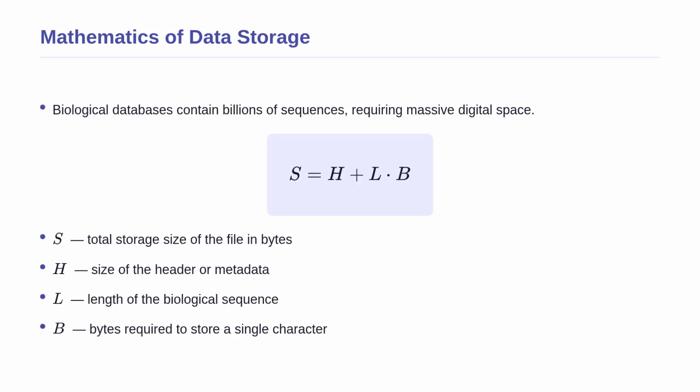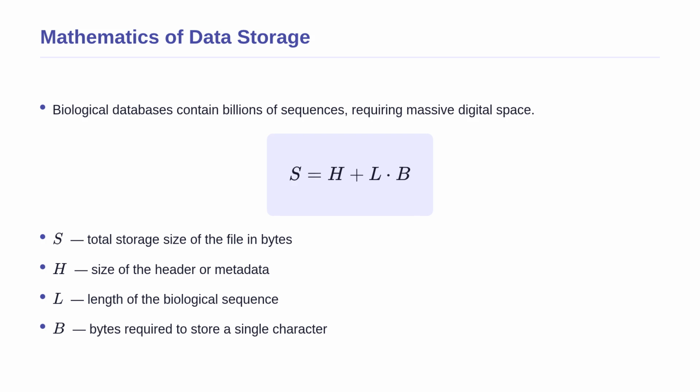Before we look at the specific structures of these files, it is highly beneficial to understand the mathematics behind sequence data storage. Biological databases contain billions of sequences, so we must calculate how much digital space these files will consume. We can model the total file size using a linear algebraic equation. S equals H plus L times B. Here, S represents the total storage size of the file in bytes.